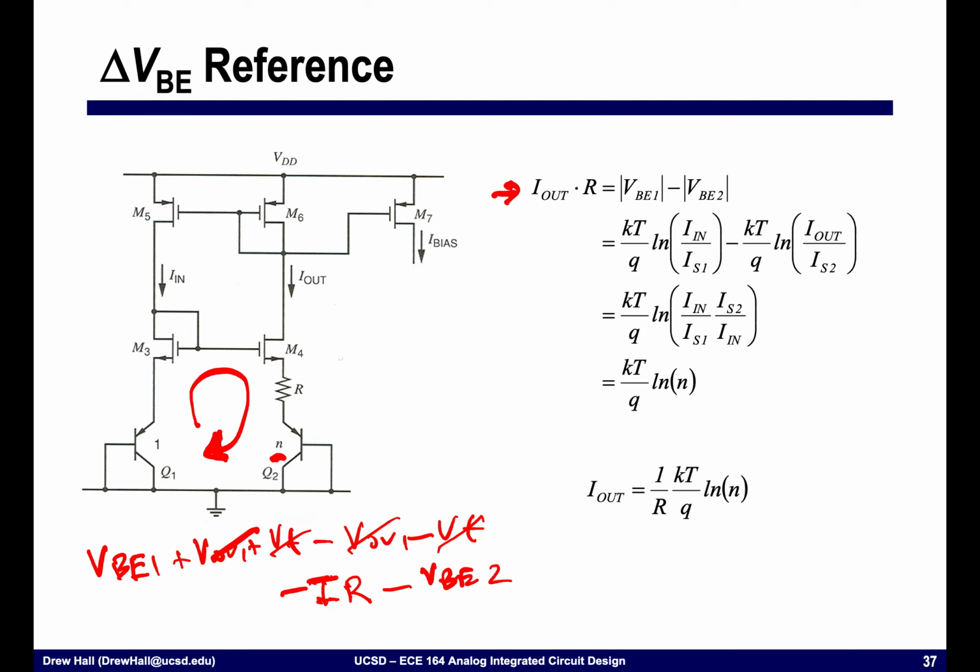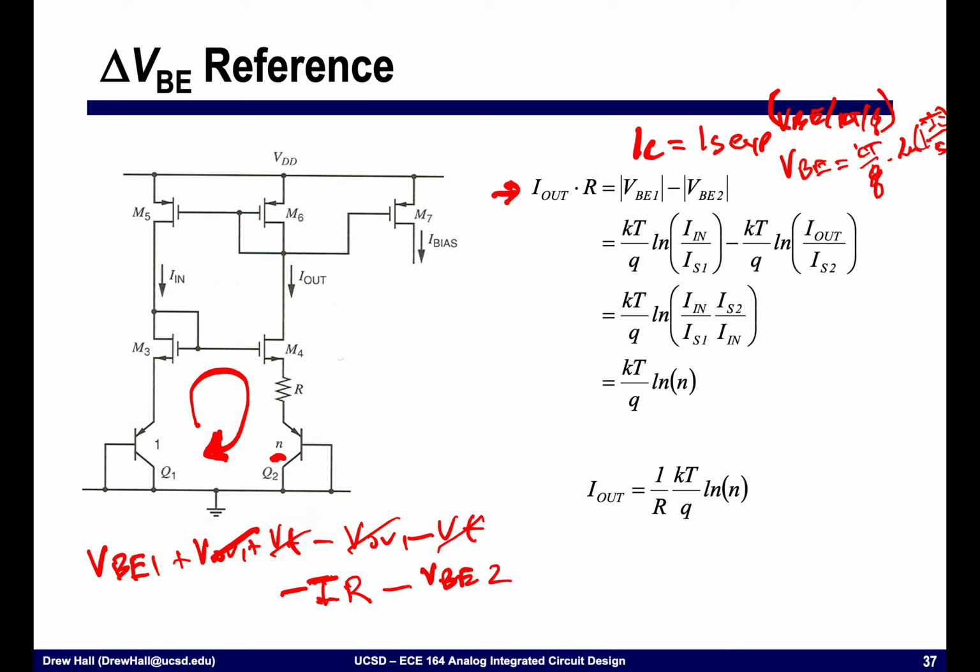If we recall the BJT expression, you have that IC is equal to IS times EXP of VBE divided by kT on q, or VT. If I solve that, I get that VBE is equal to kT on q times the natural log of IC divided by IS, where IS is the saturation current.